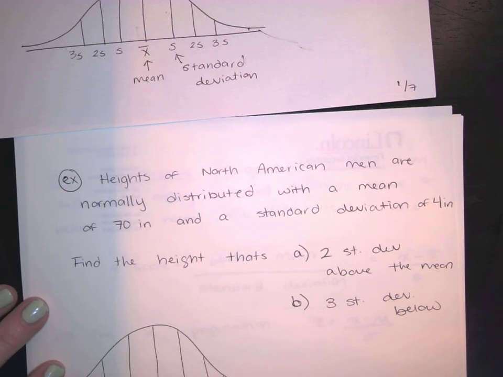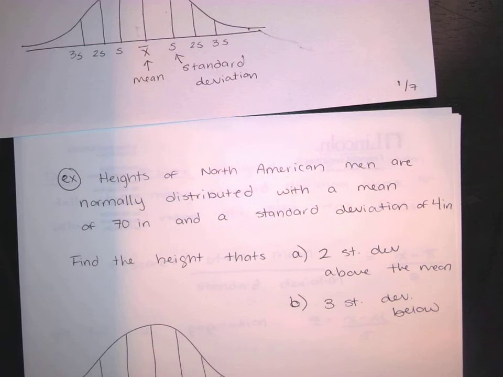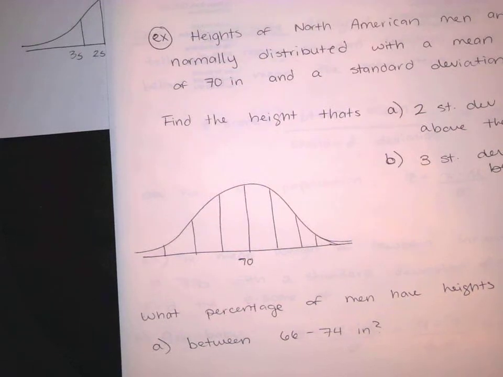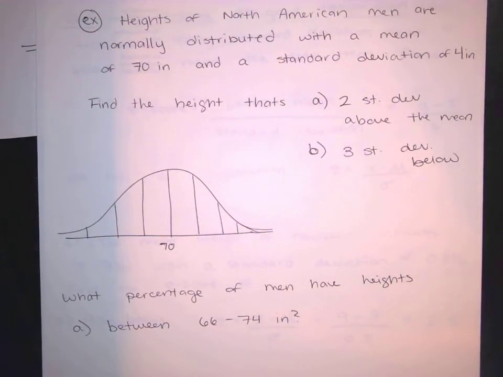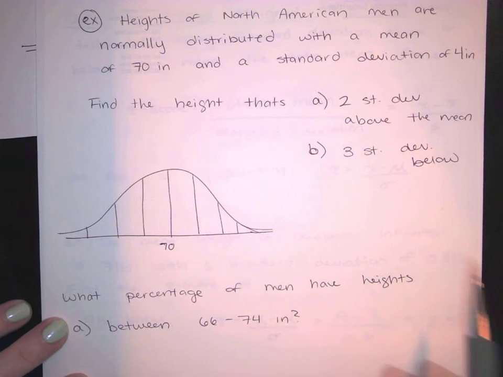We want to find the height of a man that is 2 standard deviations above the mean in part A, and then 3 standard deviations below the mean. So using the 68, 95, 99.7 rule, I can know what percent of the population is within these standard deviations.